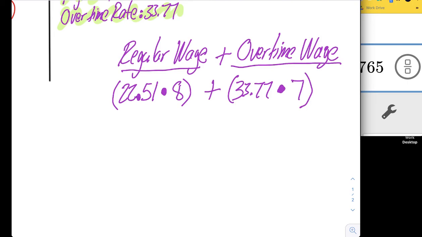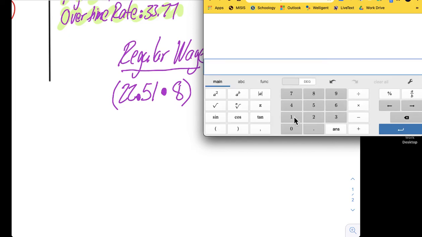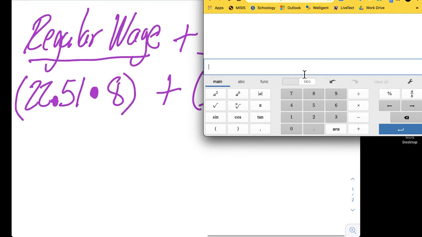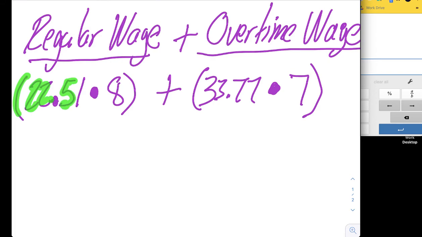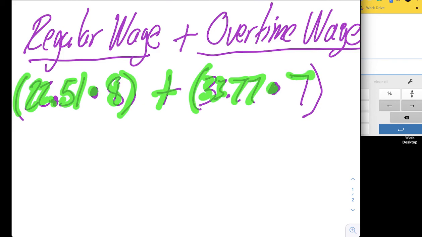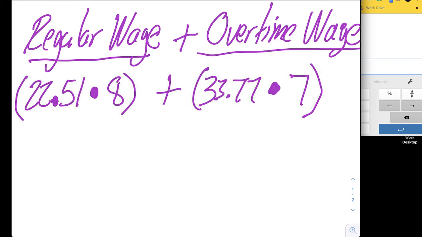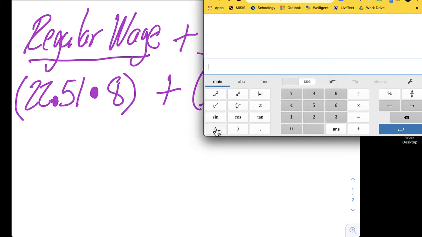Now, we can multiply them all separately, but look at this, everyone. This is why they have the magic of the scientific calculator. Let us copy this exactly the way we see it. Parentheses, 22.51 times 8, parentheses, plus, parentheses, 33.77 times 7, parentheses. Exactly the way you see it, everyone, with all the parentheses put together.